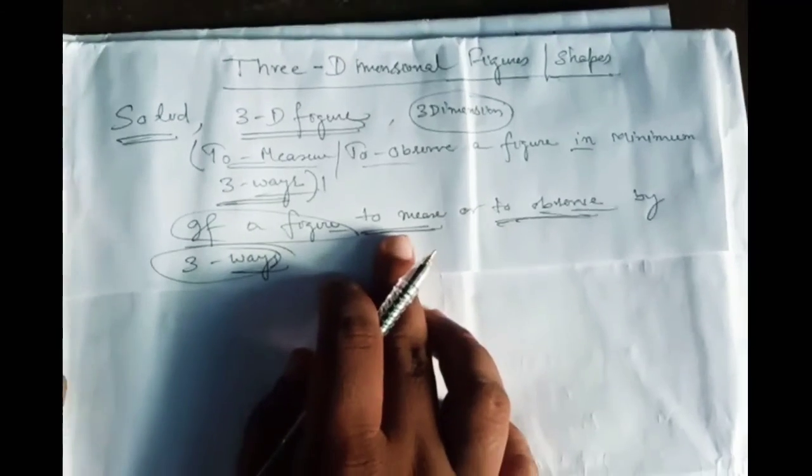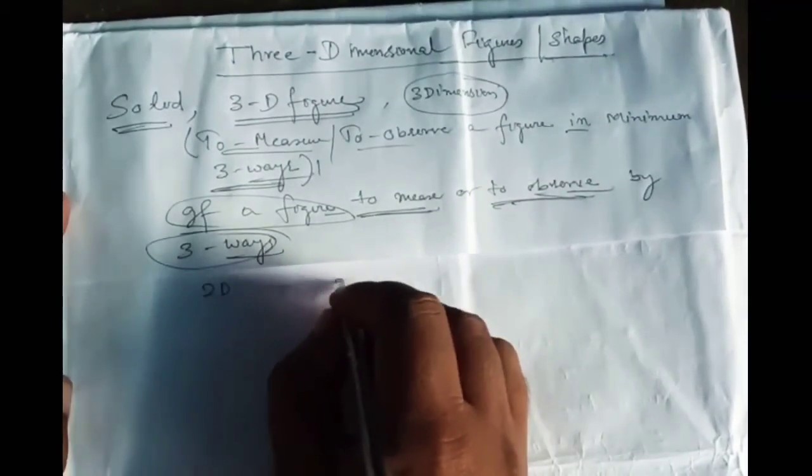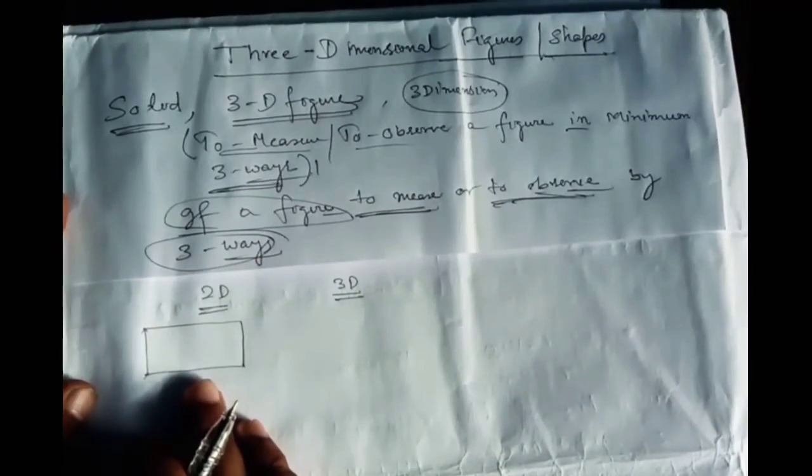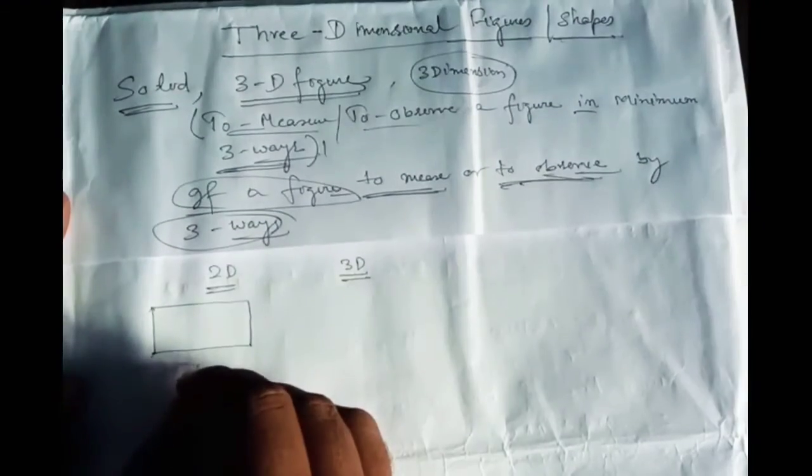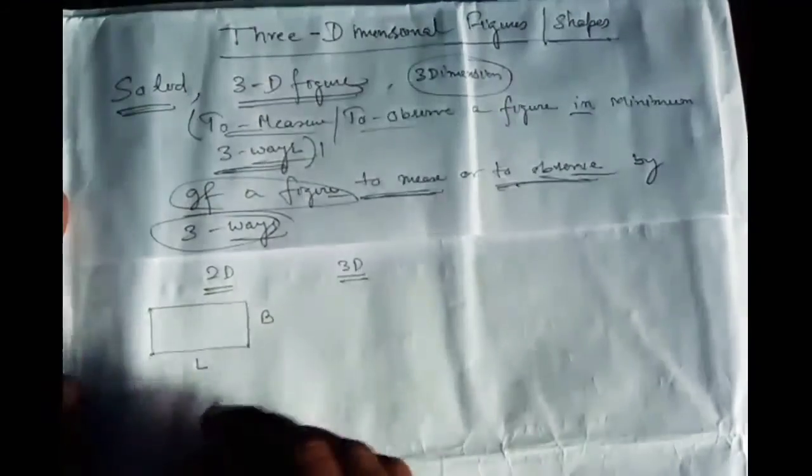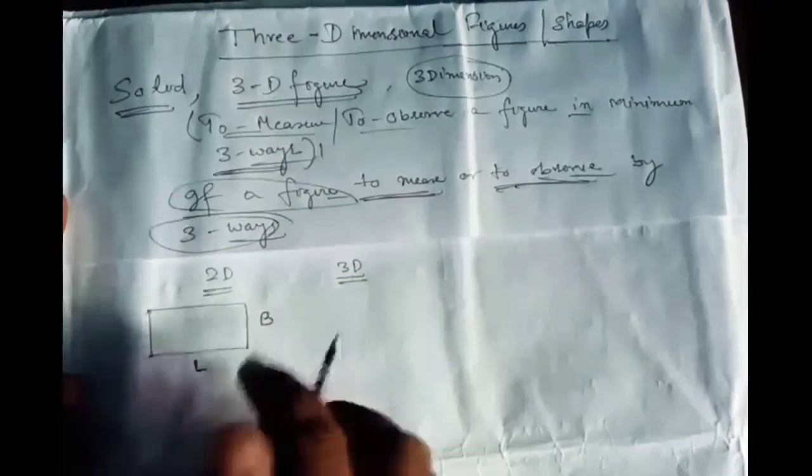Now let us take the difference between the two-dimensional and the three-dimensional figure. If we take one rectangle, the dimensions of a rectangle are length and breadth. For a rectangle, this length and breadth are called dimensions.